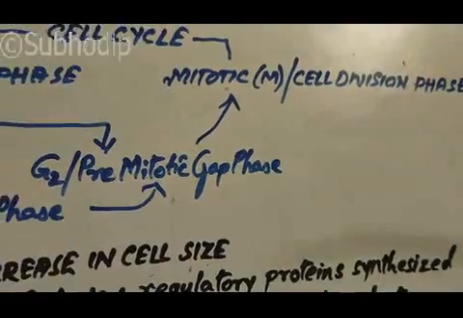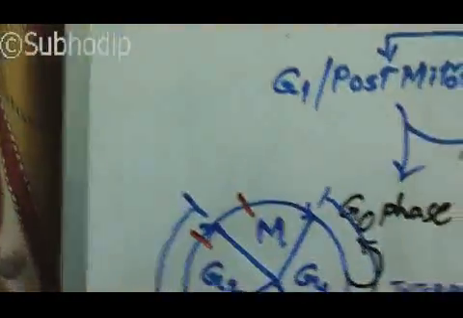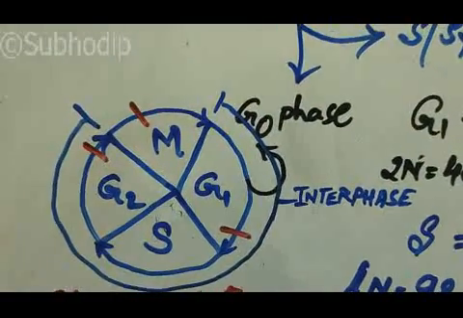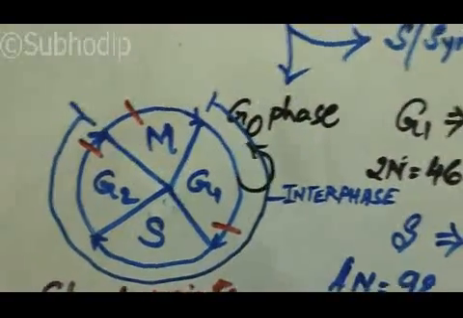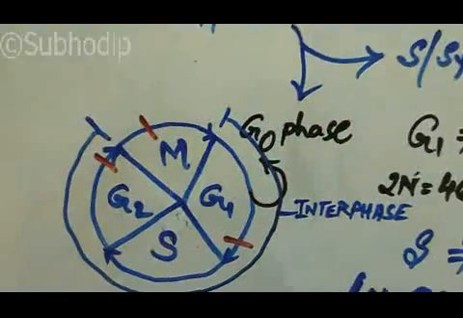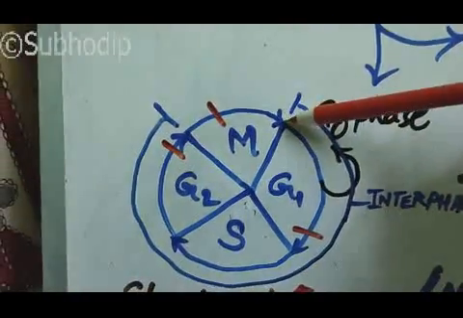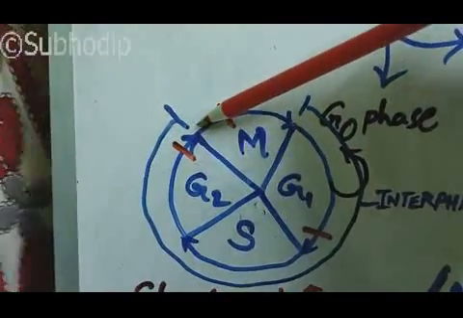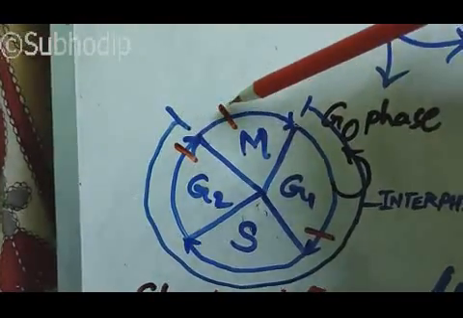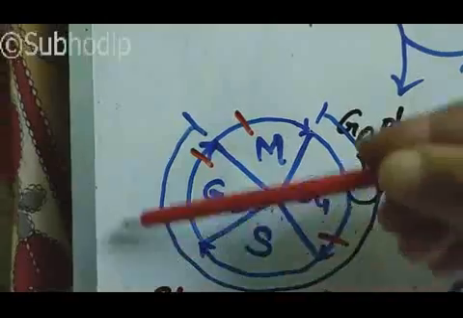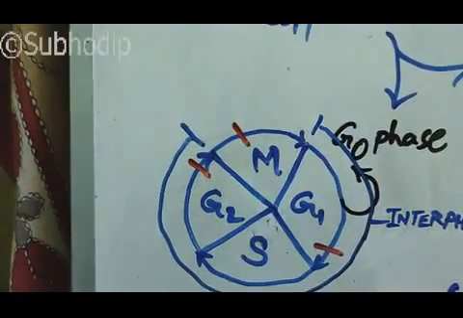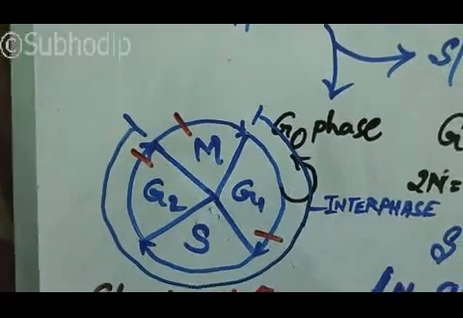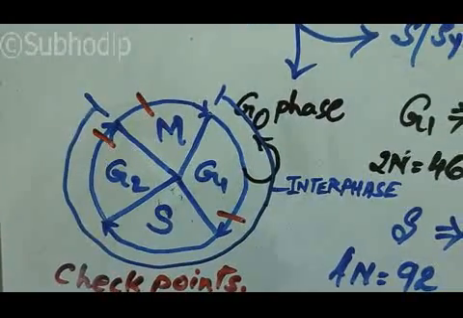The cell cycle is the entire sequence of events happening from the end of one nuclear division to the beginning of the next. You can see it is the entire cyclical events which occur continuously in a reproducing cell.